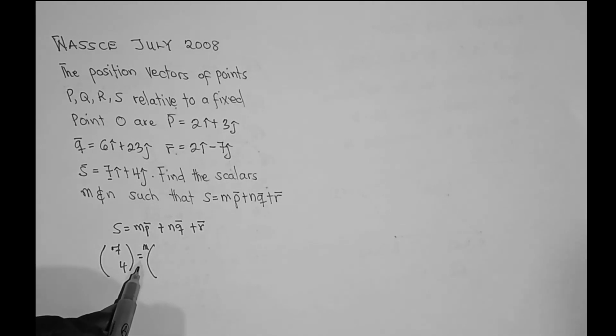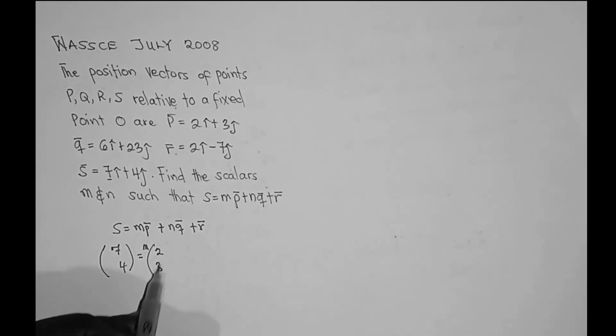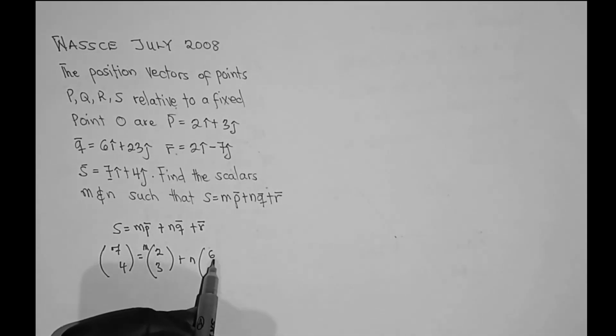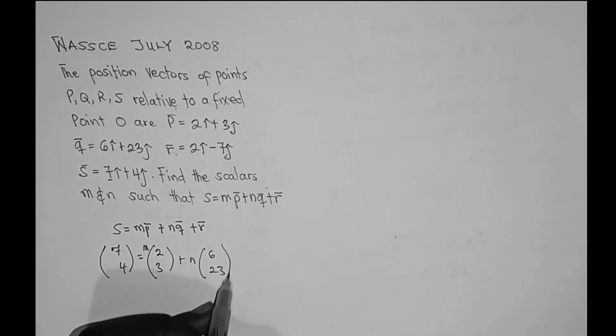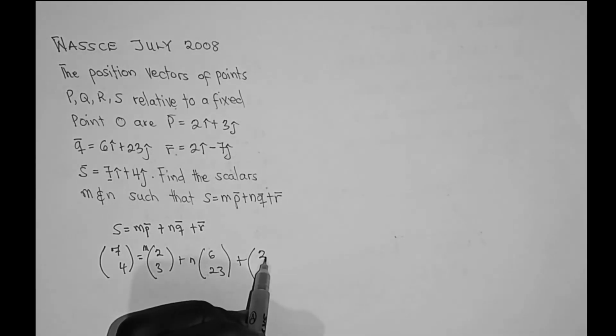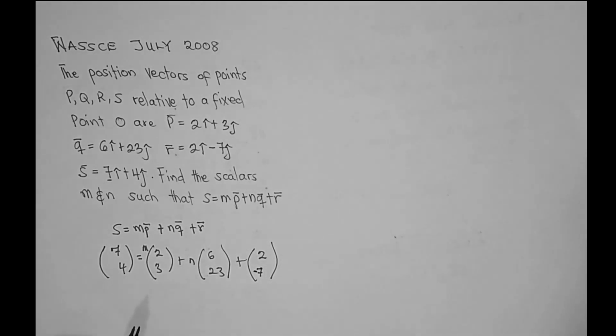I forgot about m. m times P. P is 2i plus 3j, which is 2 and 3. m plus n, Q. Q is 6i plus 23j. Then plus R. R is 2i minus 7j, so here becomes minus 7.